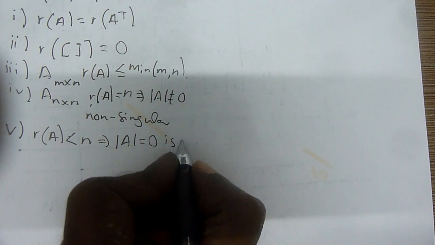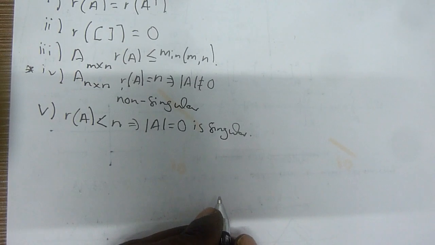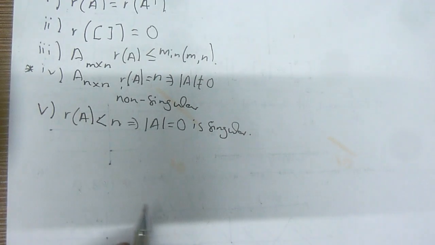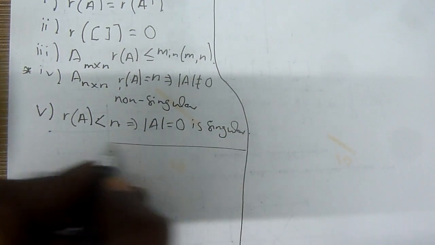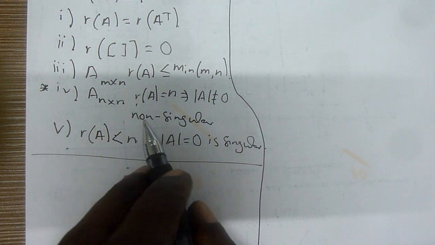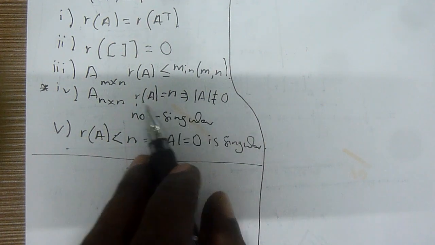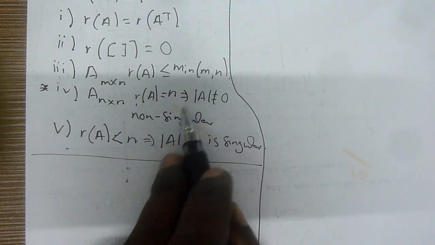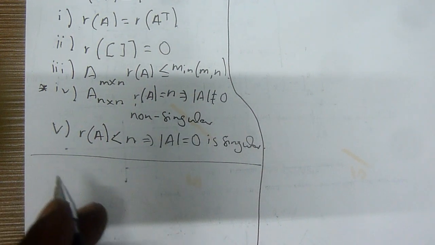Okay, it is singular. Now these are the basic things which I want you all just to understand about ranking. How to identify the rank, especially for non-singular. You can see for the rank, if all non-zero exists, then immediately we know the determinant is not 0 and it is non-singular.